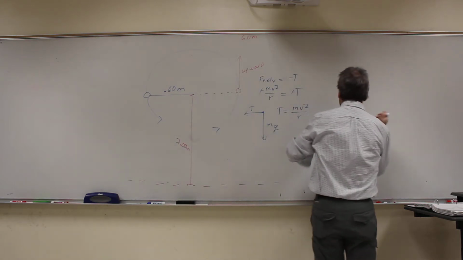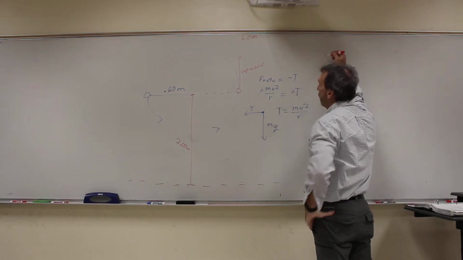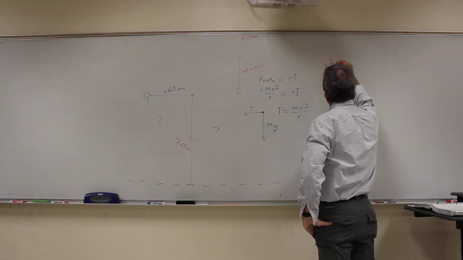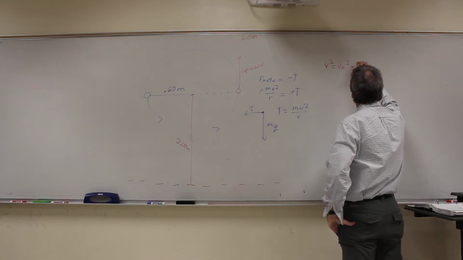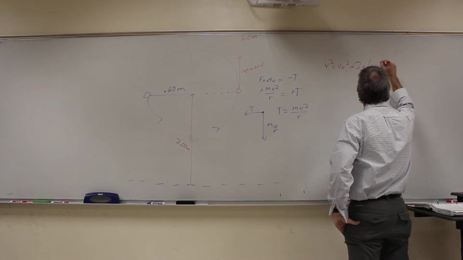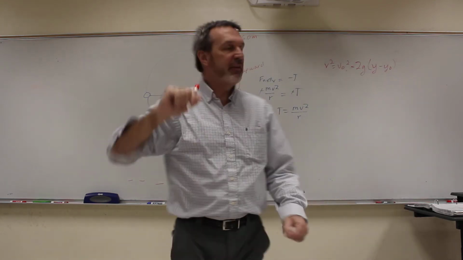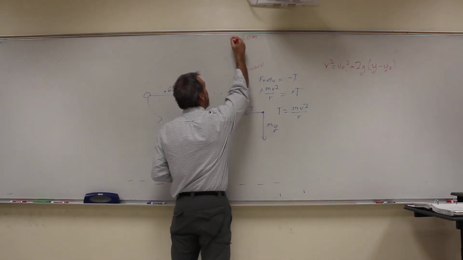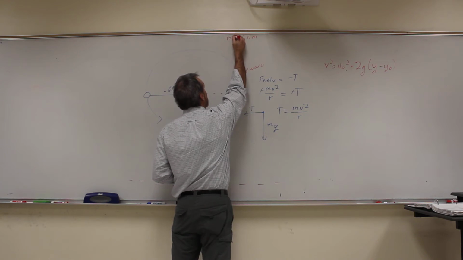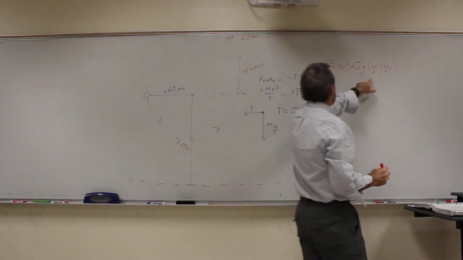And we know how high up it goes, so we can use this equation, v squared equals v naught squared minus 2g(y minus y naught), and solve it for the initial velocity at this point. The final velocity up here is going to be equal to 0 when it gets to the highest point. So we can put that in.